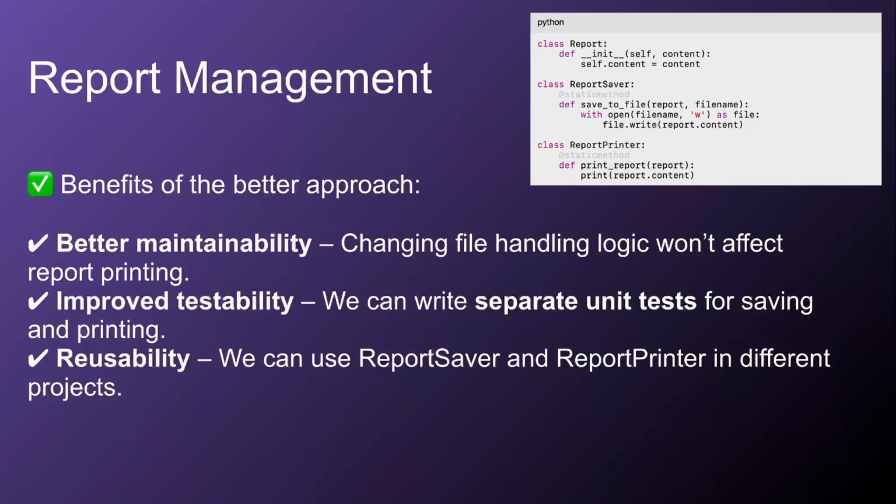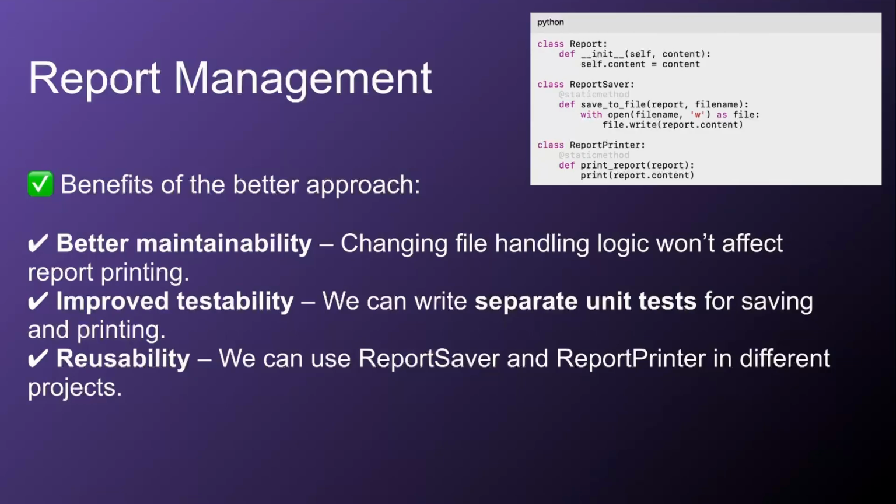So yeah, improved testability. Now if we want to write tests, we can write a separate test for report, a separate test for report saver, and a separate test for report printer. For a printing logic, there are separate tests; for a report saver logic, there are different tests; and there are different tests for reports. So writing tests is much easier.